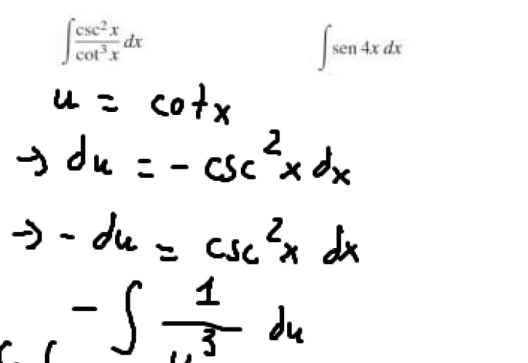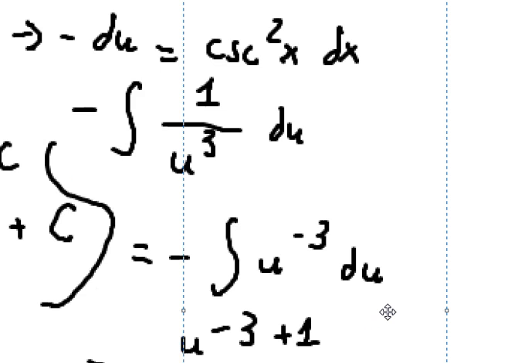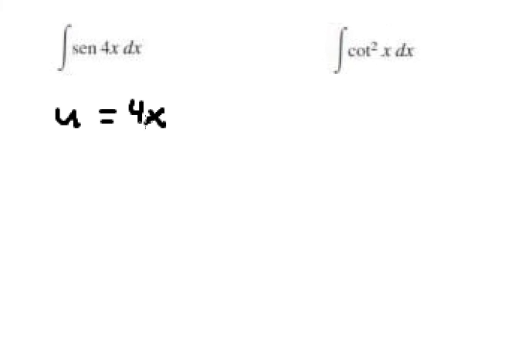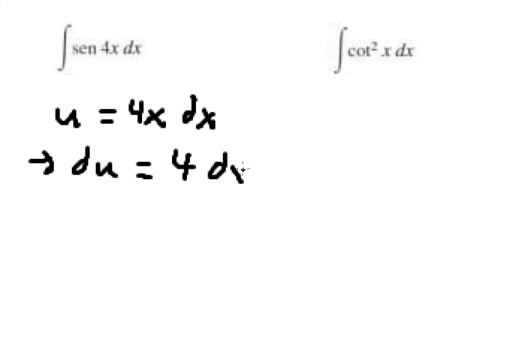Next, about sine 4x, we can put u equal to 4x. Next, we do first derivative for both sides, and we have 4 dx. Because we don't have number 4 next to dx, we divide both sides by number 4.